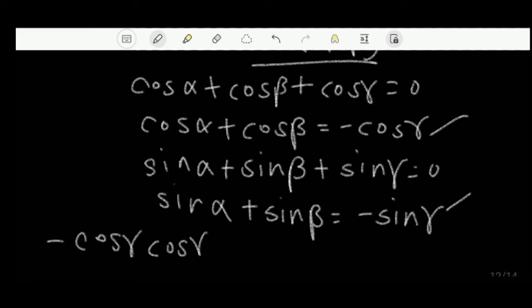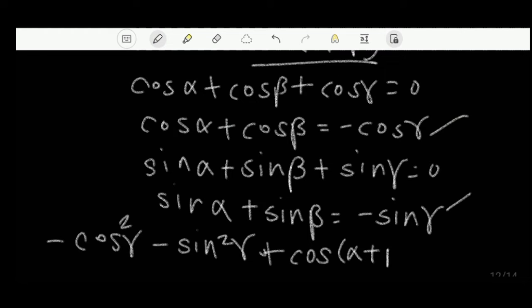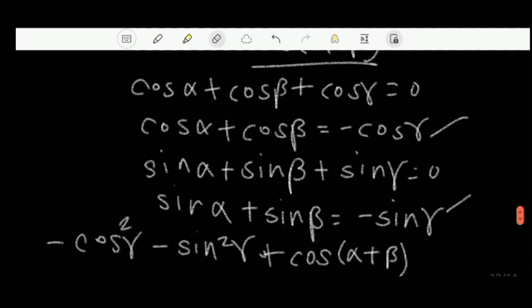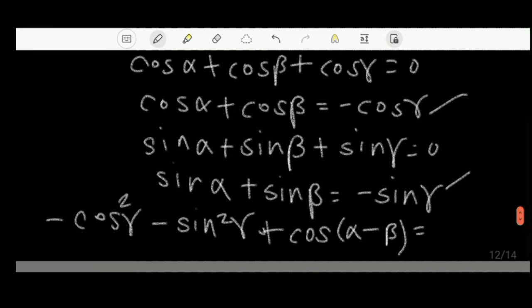So instead of writing it, we can simply take a square: minus cos square gamma minus sine square of gamma plus cos(alpha minus beta). Yeah, this should be minus cos(alpha minus beta) equals minus 3 by 2.